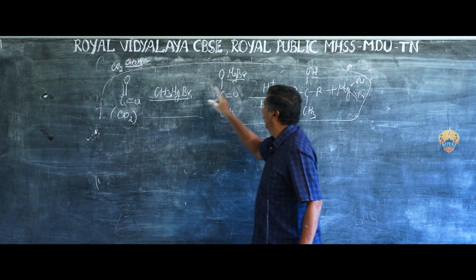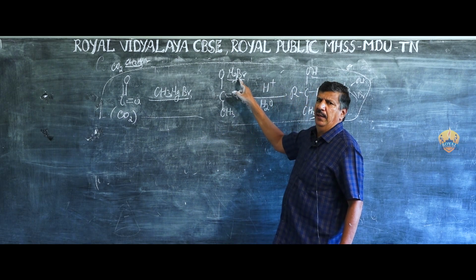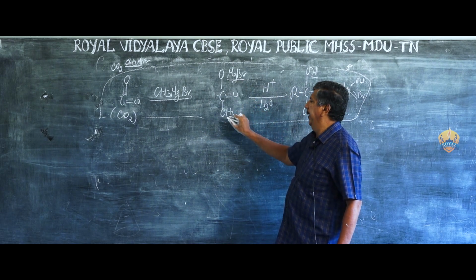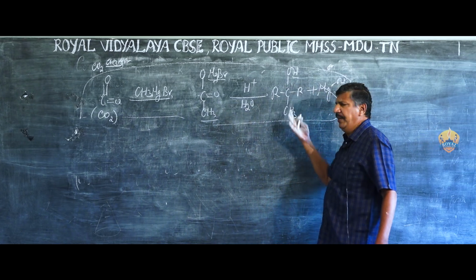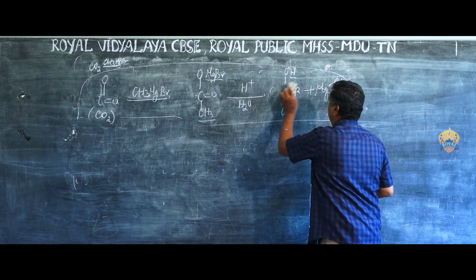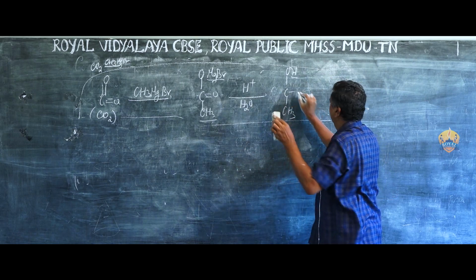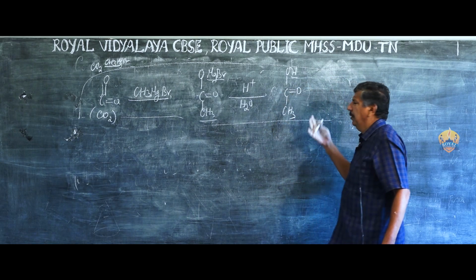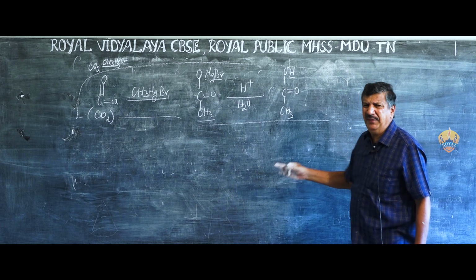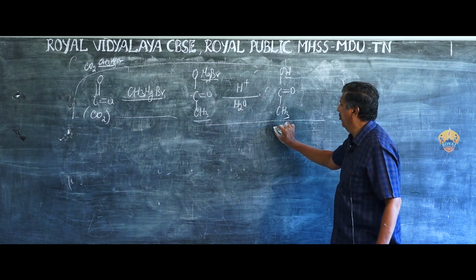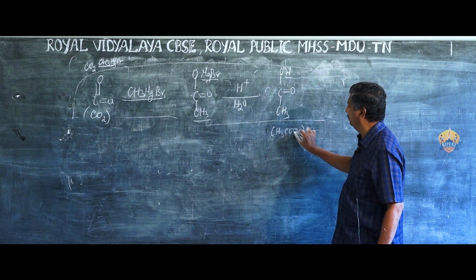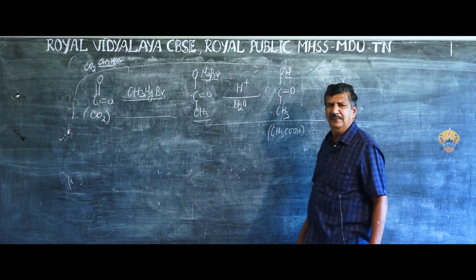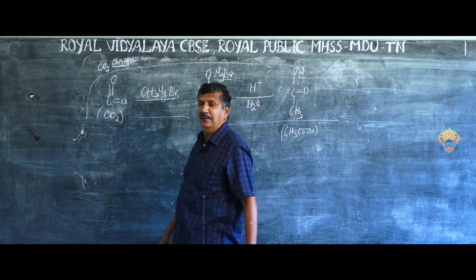You see? MgBr in the top and CH3 in the bottom. You merge this formula or join this formula, you will be getting acid. You see the miracle.